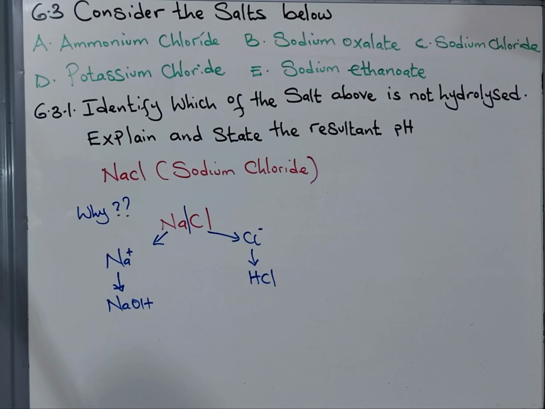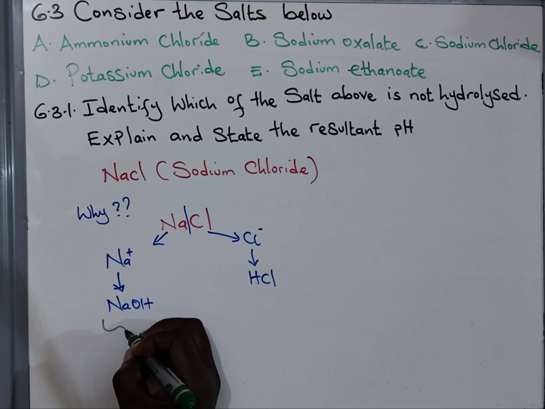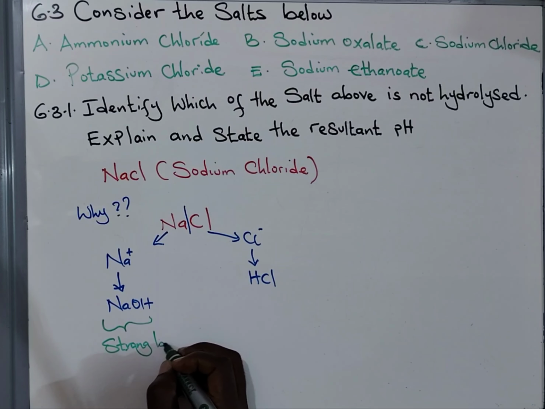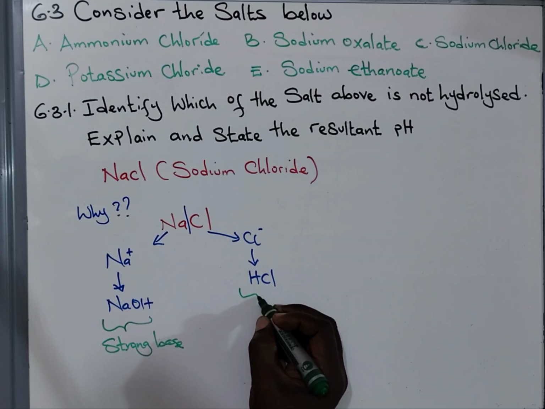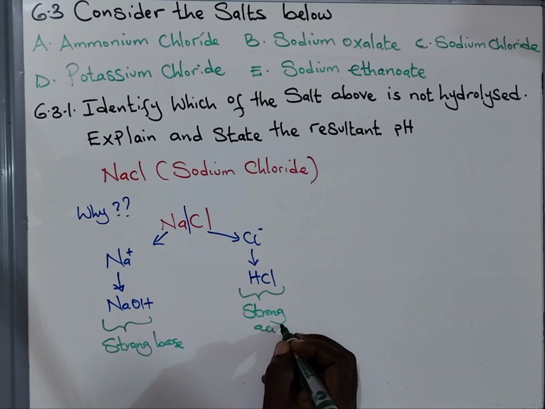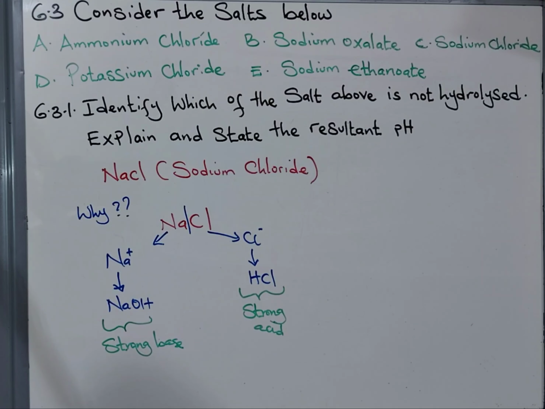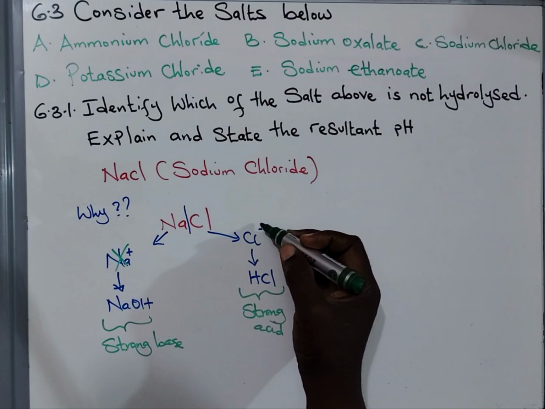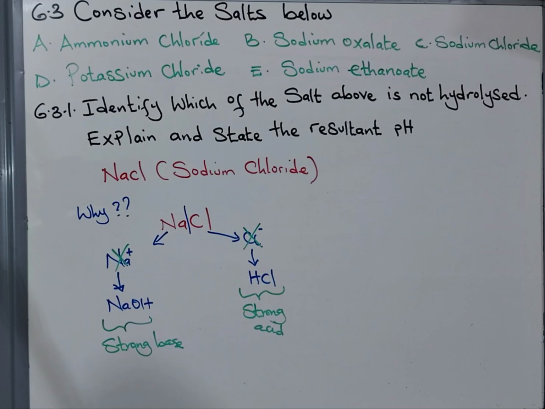Now you need to know that sodium hydroxide is a strong base, and hydrochloric acid is a strong acid. So ions from a strong base, like sodium, and a strong acid, like chloride ions, do not undergo hydrolysis.